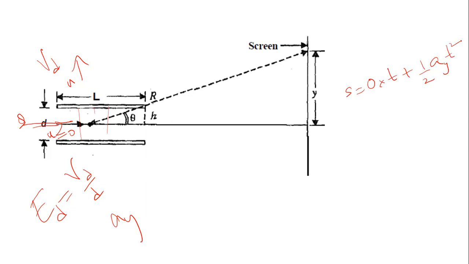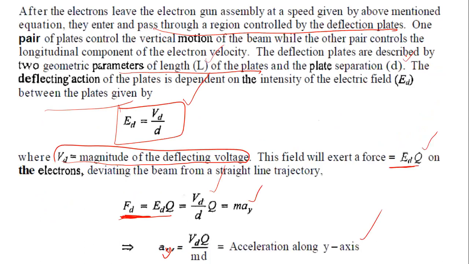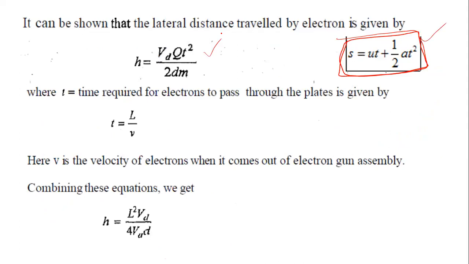Okay, so as it passes through these deflection plates, the vertical distance it covered here, that is h here, will be equal to half of ay t square. The vertical distance it covered under the action of these deflection plates, as you see in this figure, is denoted as h. So h will be half of ay t square. So from this relation, you put the value of ay here. Ay is vdq upon md. So by putting that, half of vdq upon md into t square.